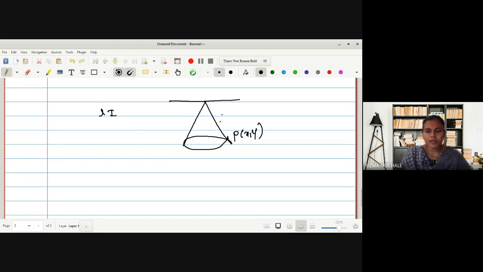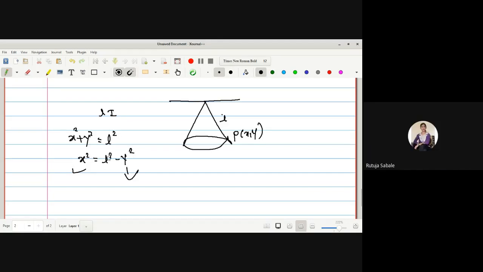But x and y are related by the equation x squared plus y squared equals L squared. What is that L? L is nothing but the length of your pendulum. So x squared equals L squared minus y squared. If y is known to us, I can find x. Right?